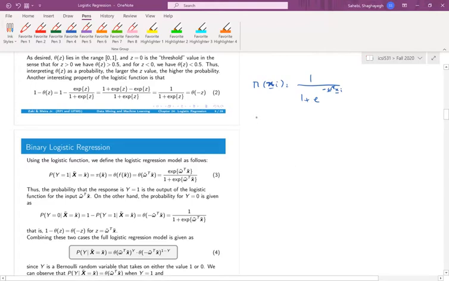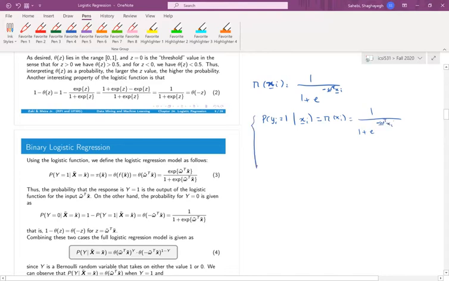If we are looking at the probability of yi equal to 1 given xi, it is going to be equal to pi of xi, which is 1 over 1 plus e to the minus W transpose xi.